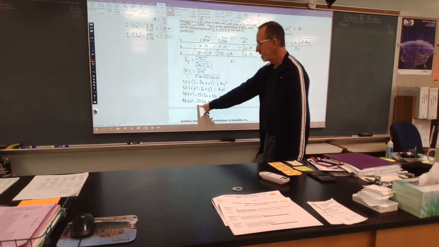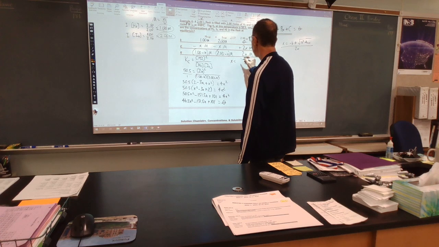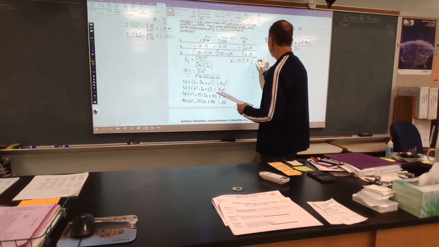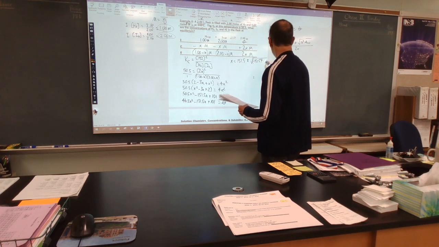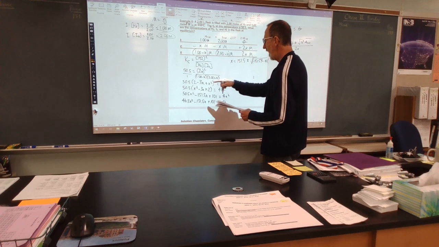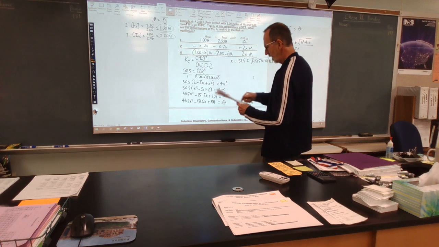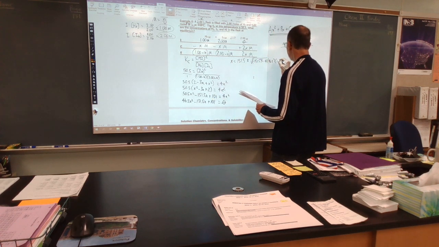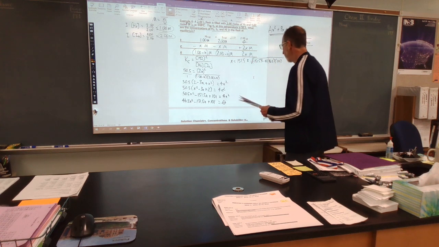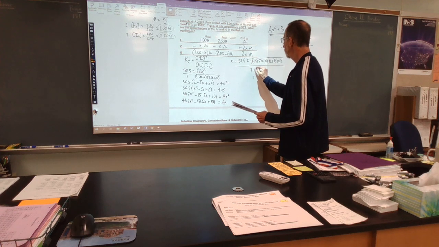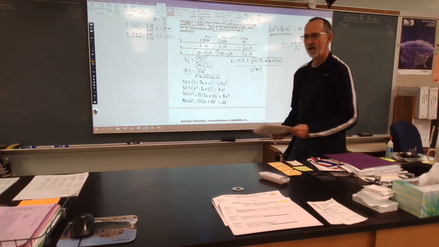Well, b is negative 151.5, so that would be positive now, 151.5 plus or minus the square root of negative 151.5 squared minus 4 times a, which is 46.5, and c is 101. That's all under the square root sign, all over 2a, which is 2 times 46.5.